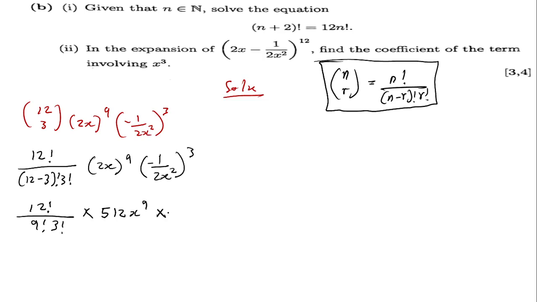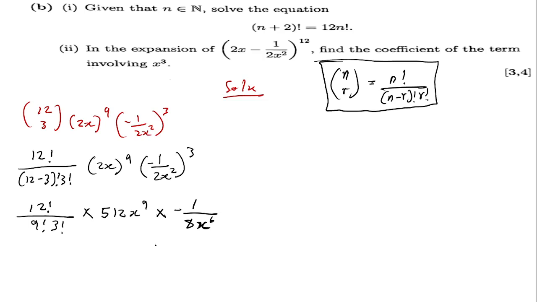Then times, you know this is a negative, so that's an odd power, so it will maintain as a negative, and then there it will simply be 2 to the power 3, which is 8, and then x squared times 3 is just x to the power 6. So this is what we have at that particular point.